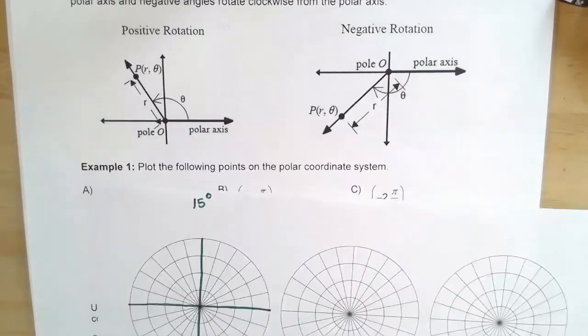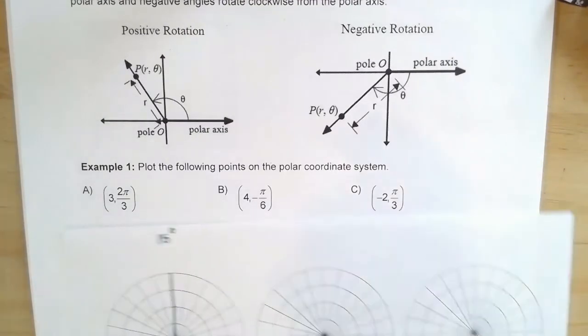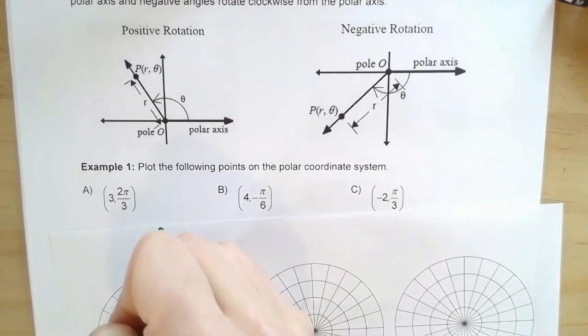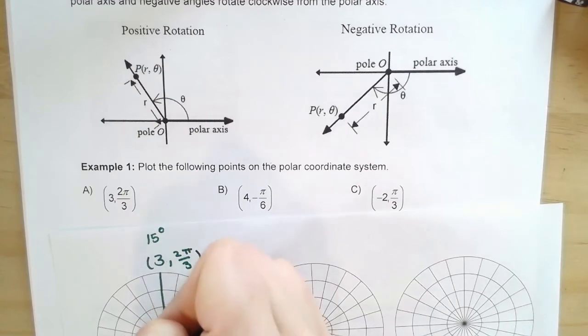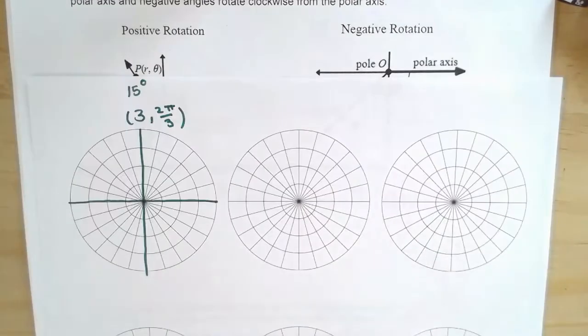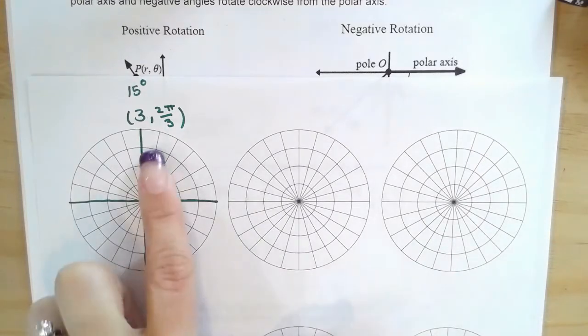All right. So let's see, our first one that we're plotting is 3 comma 2 pi over 3. Now, usually when we graph something, we do x comma y, we do the x first, then the y, so on and so forth. And you can do that here.